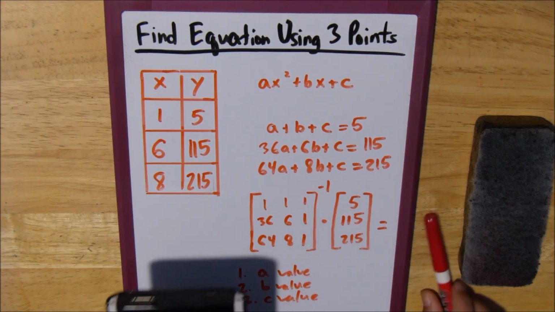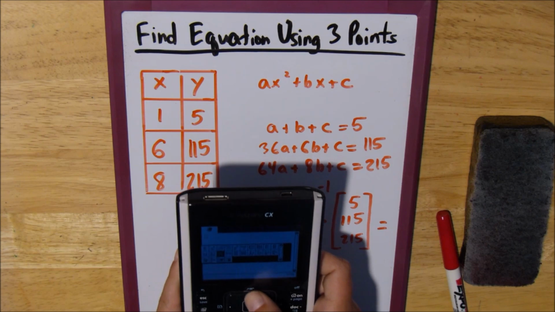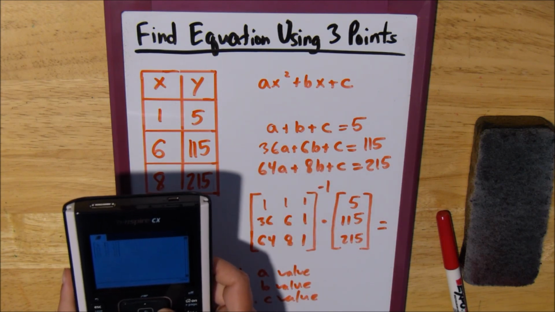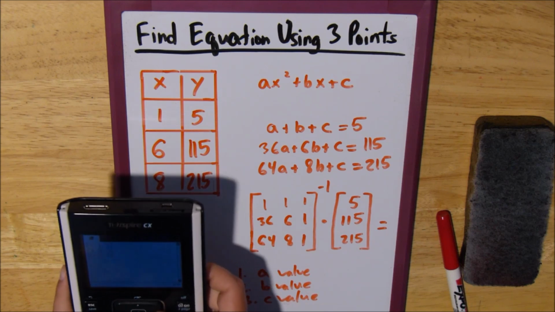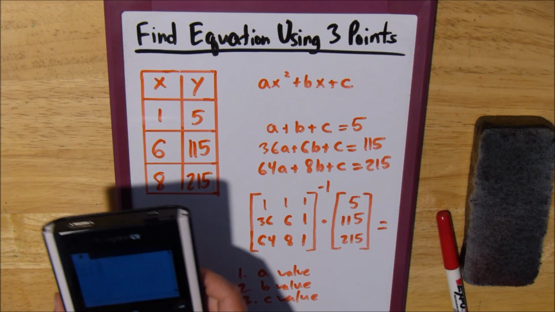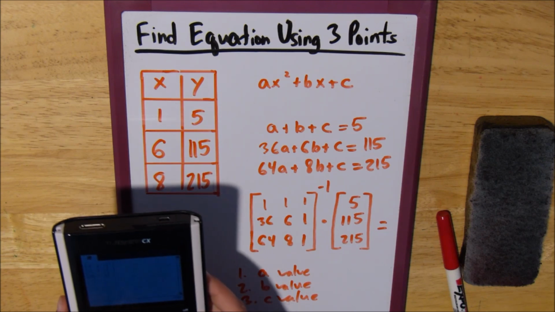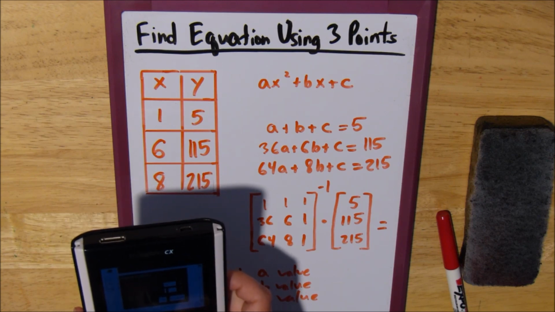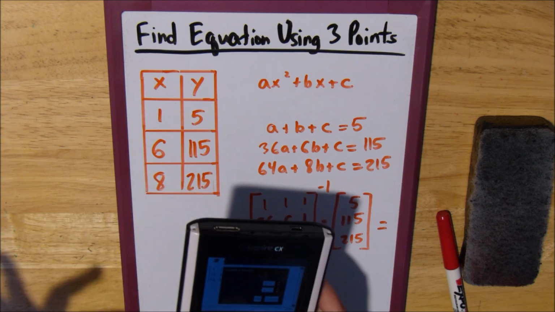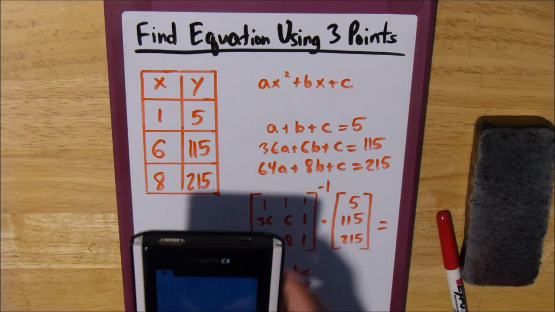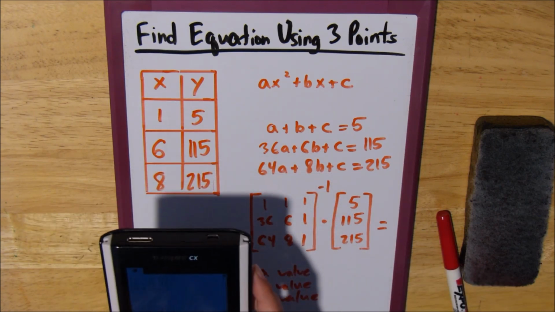So go to matrix 3 by 3, put in the first one, 1, 1, 1, 36, 6, 1, 64, 8, 1, to the negative first, times the second matrix, number of columns is 1. To anyone who's looking for a calculator, I would really recommend the TI Inspire CX. It's in color, it's awesome.